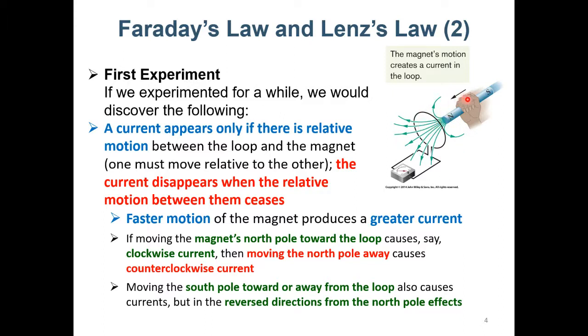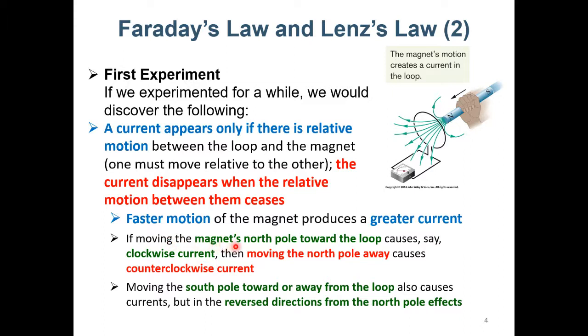So between the magnet and the loop, they have relative motion. The current disappears when the relative motion between them ceases. When they stop, or they move together so that they don't have relative motion, then there's no current. Faster motion of the magnet produces a greater current. If you move faster, the current will get greater.